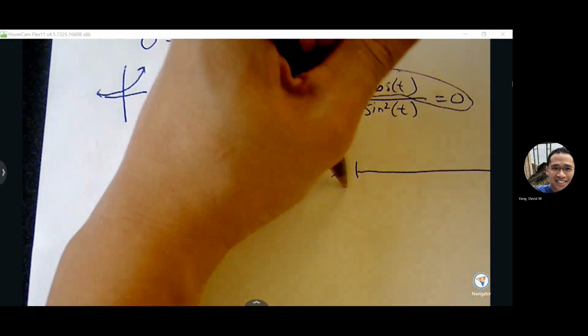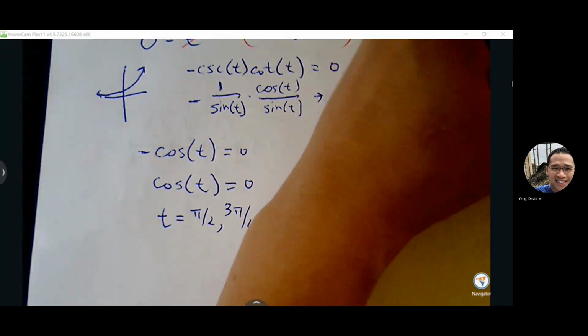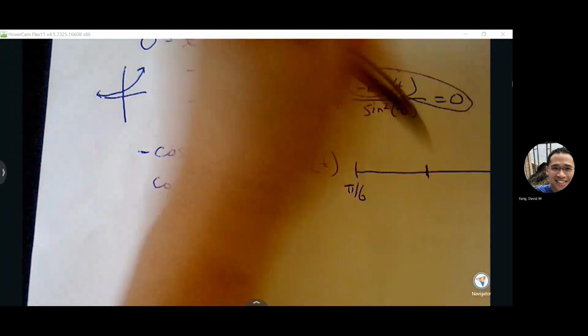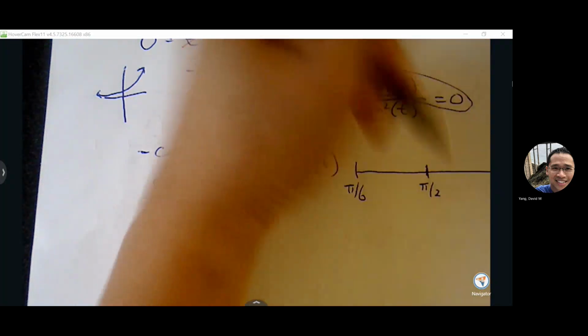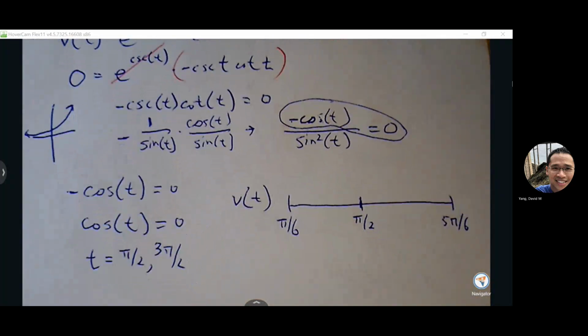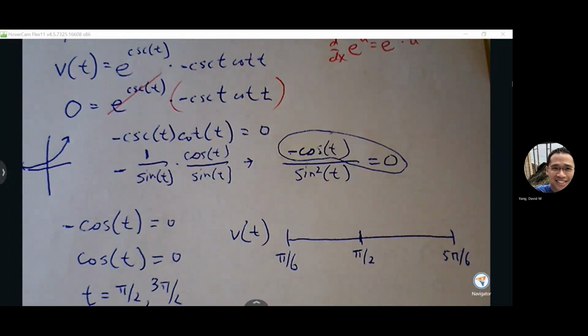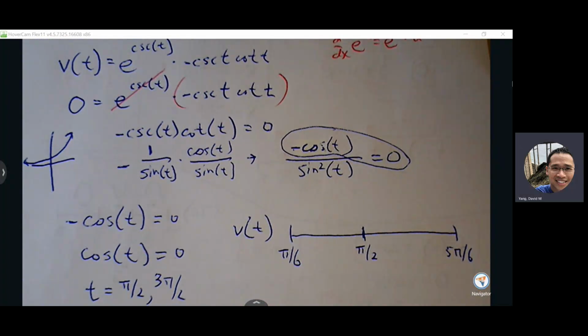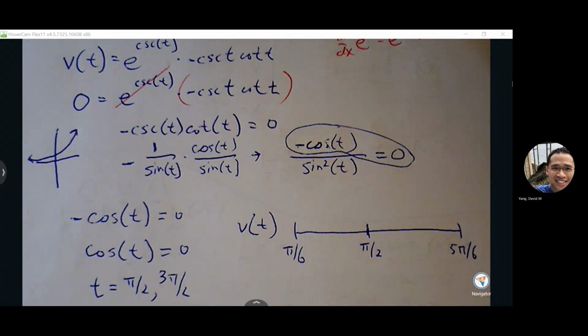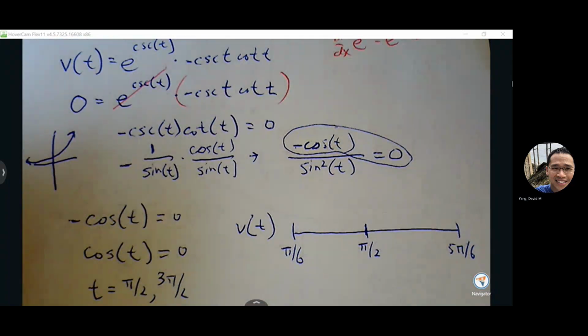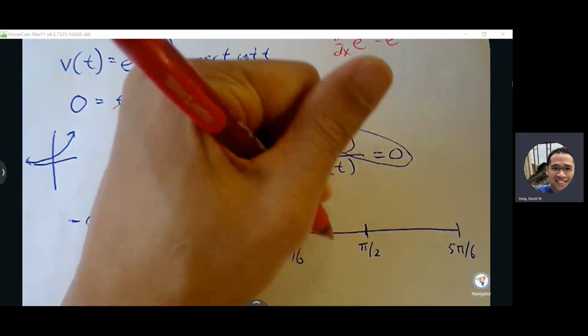Okay, so here's my velocity function, sine line. I can choose values in each subinterval to plug in here.